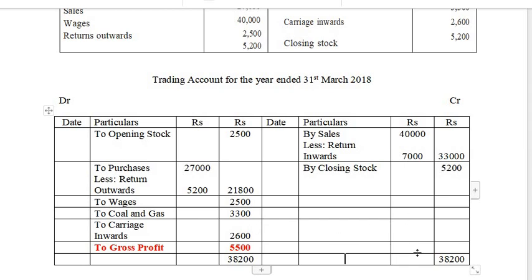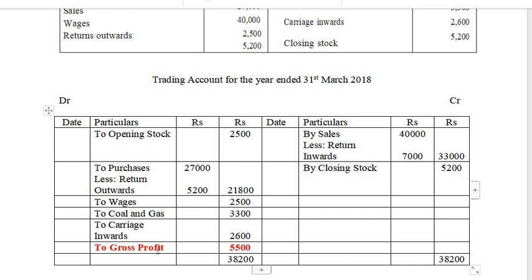So when you are balancing the account, as we already discussed in the ledger, you take the higher total as the balancing amount or the total amount. So 38,200 you should write on both the debit as well as credit side. The difference you get on the left hand side of your trading account is nothing but your gross profit.